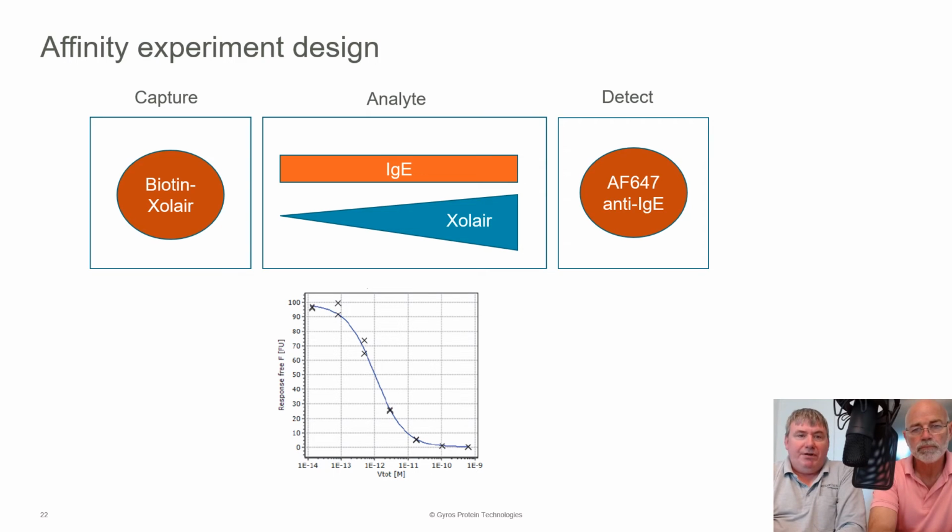So what we're doing here effectively is measuring the free amount after it's reached equilibrium, and this allows us to calculate the KD. And this really shows you how the affinity part fits into the assay measurement. Exactly.